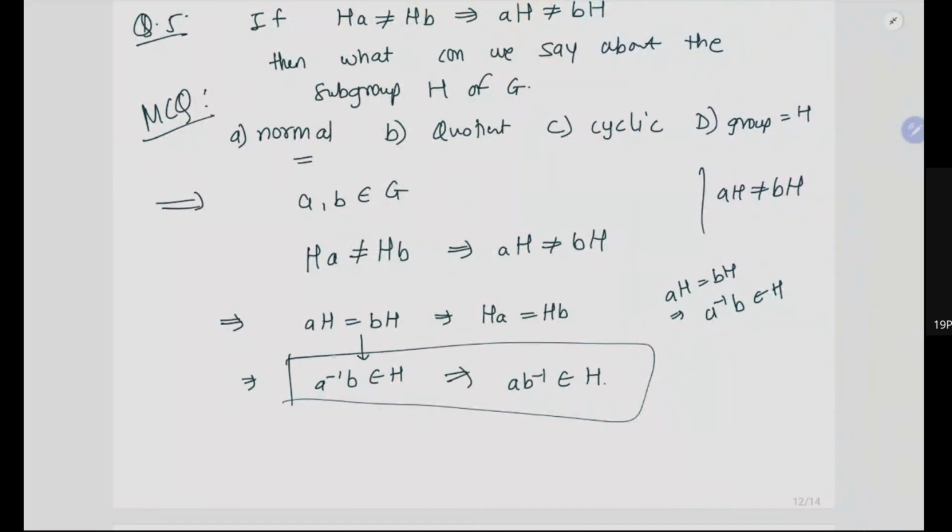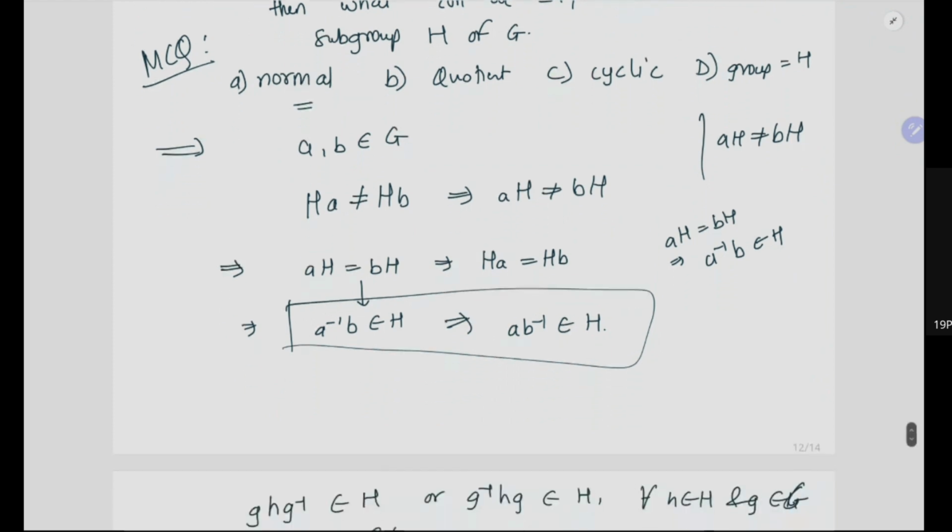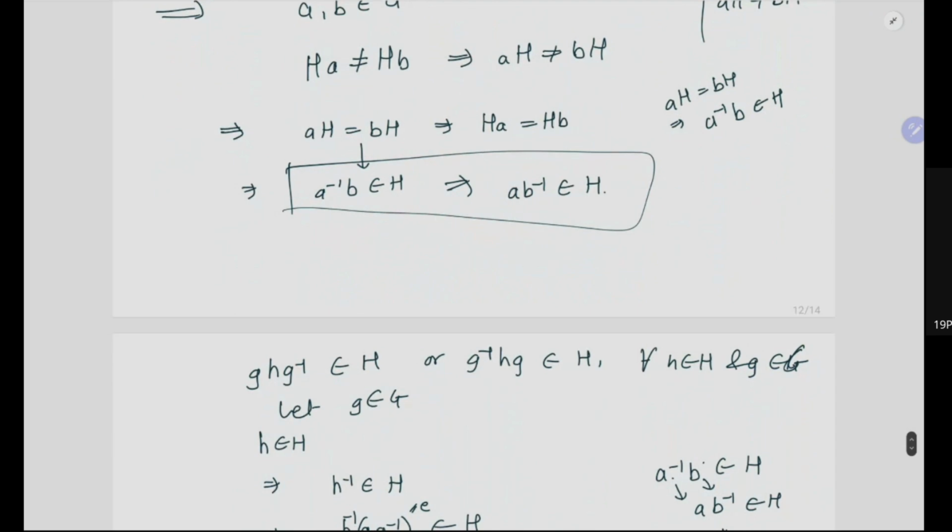For this statement, I wrote this. So I'm taking A inverse here, and for this, I'm taking B inverse here. I hope this is clear, right? This is the basic definition of quotients. That's how elements and cosets are related to each other as per the representation of a coset.